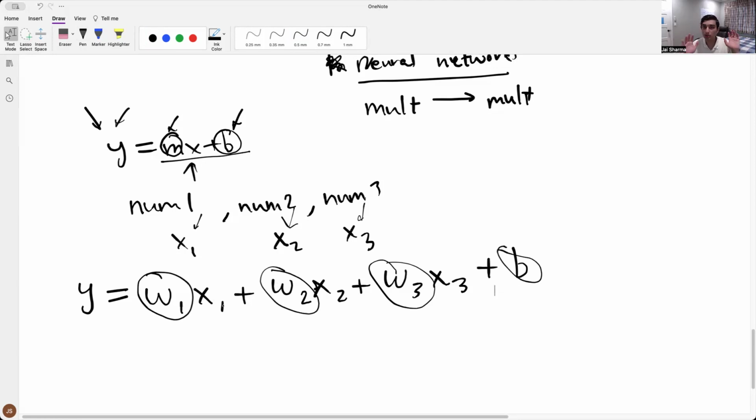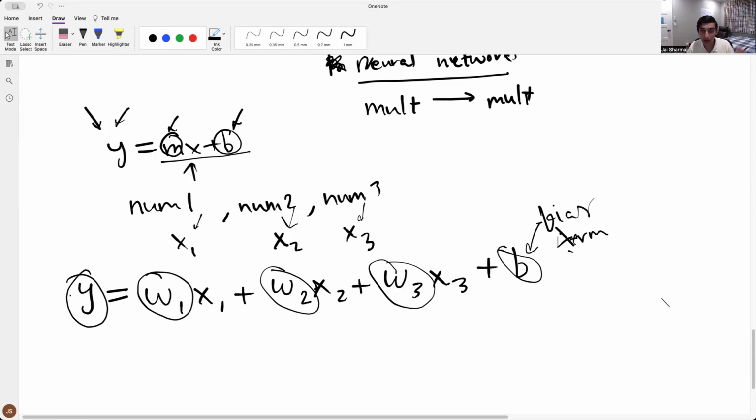X2 is going to be multiplied by W2, X3 by W3. And then you have what we call a bias term. We're just going to add all of these together and smush it all into one number, which is our result, and hopefully that solves our problem.